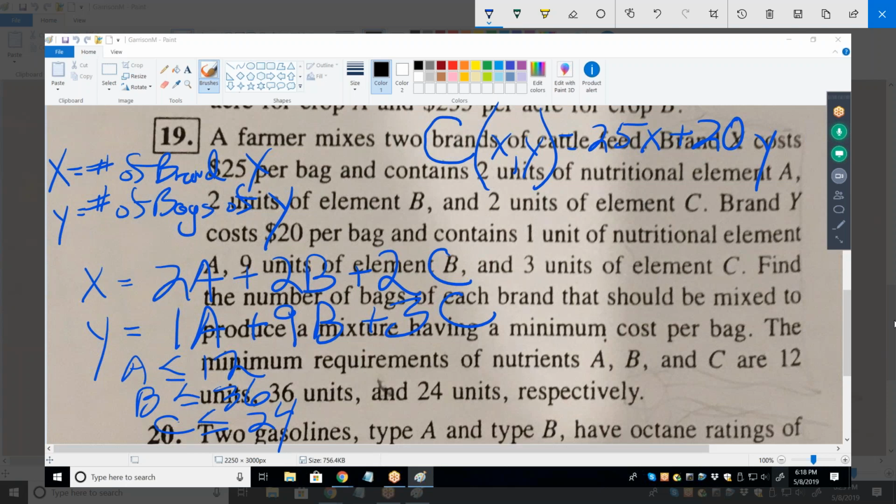The amount of A is going to be the sum of the number of the two bags. So the amount of A would be 2 times 25. Wait, would it be 2x? Because we're doing the number of bags? Let's go back and rewrite these three equations here. I think you're on the right track.